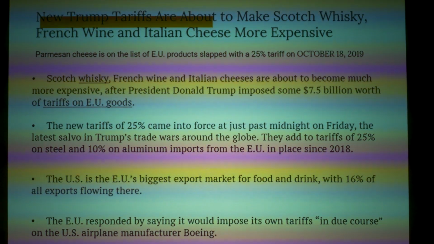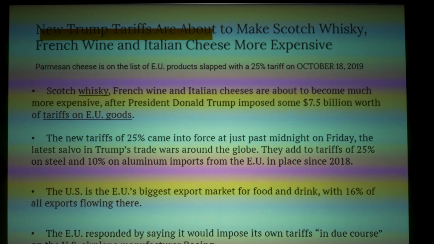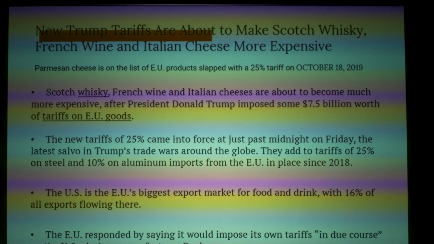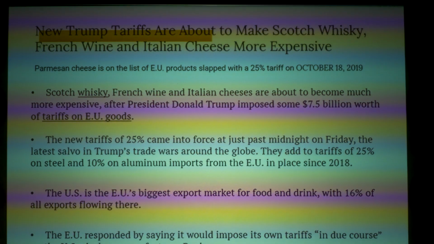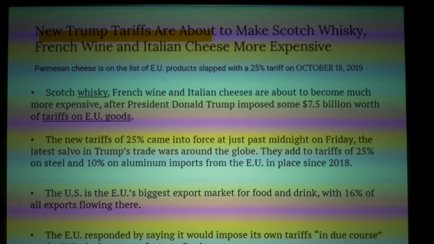Scotch whiskey, French wines, Italian cheese about to become much more expensive after Trump imposed some $7.5 billion worth of tariffs on these European Union, EU goods. New tariffs of 25%, his favorite number for tariffs. He said that even when he was running as president.